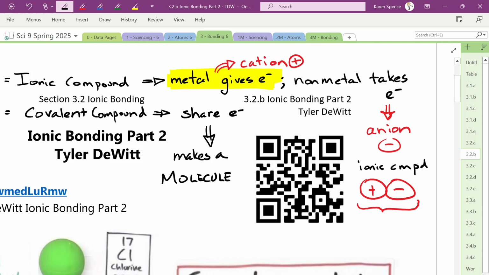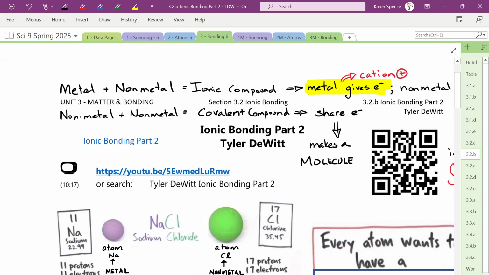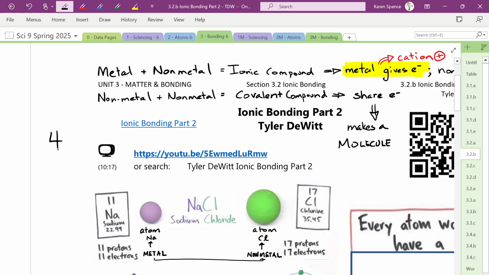But what is that particle called? It's not a molecule. What are the 4 types of particles? See if you can remember with your partner. What are the 4 types of particles? Formula unit.